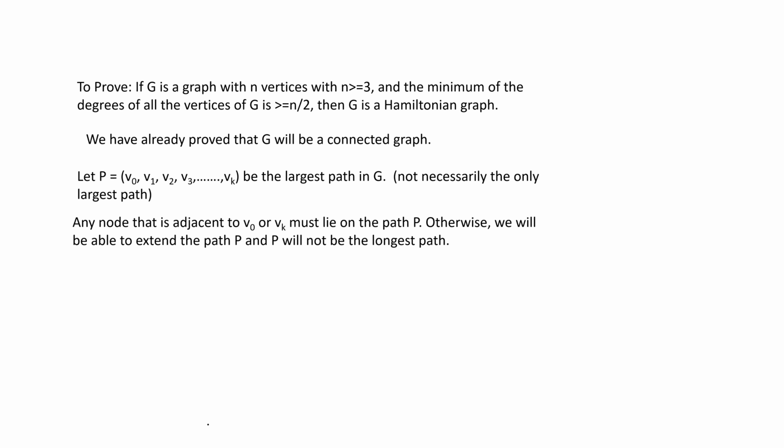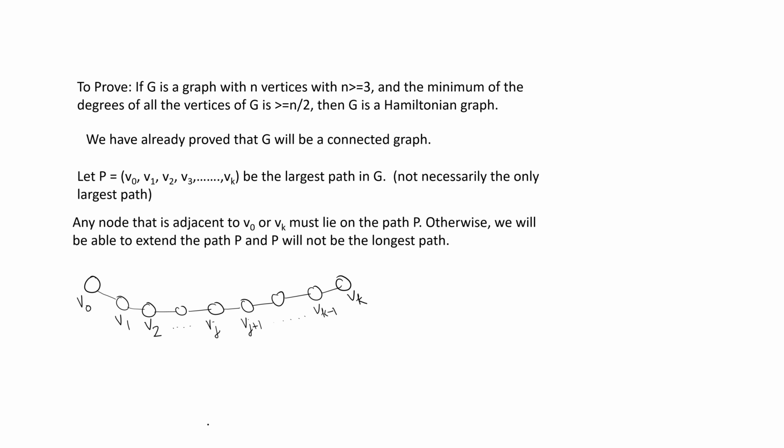If that node is not on this path, then we can connect V0 to that node, and this path P will not be the longest path. The longest path would be the one which contains that extra node. So there cannot be some extra node which is not on this path but is adjacent to V0 or to Vk.